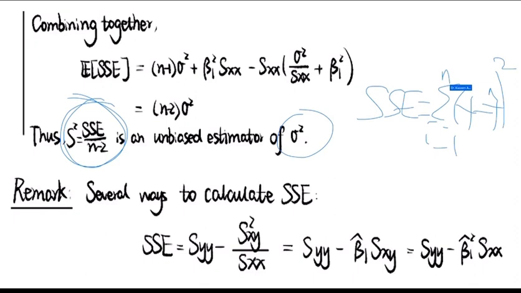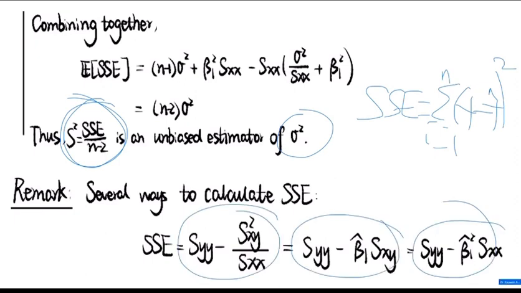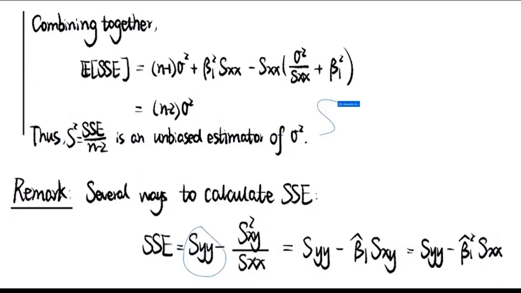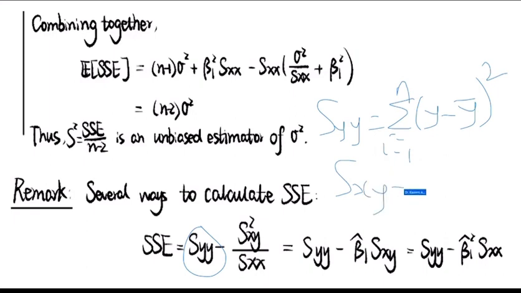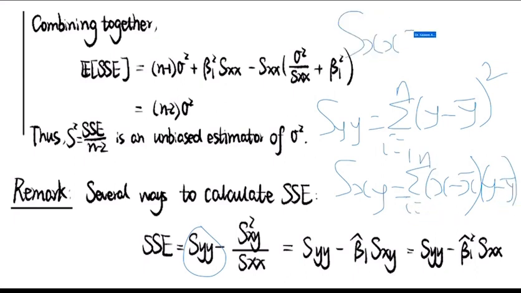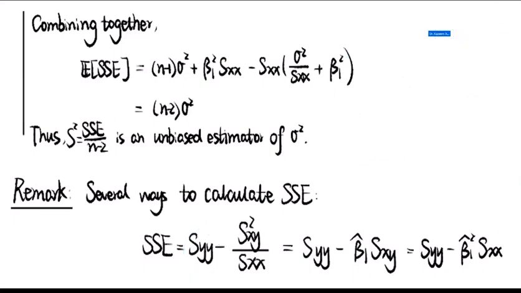It can also be this, or that. Don't forget, Syy is the summation of y minus y bar all squared. Sxy is the summation of x minus x bar times y minus y bar. And Sxx is the summation of x minus x bar all squared.